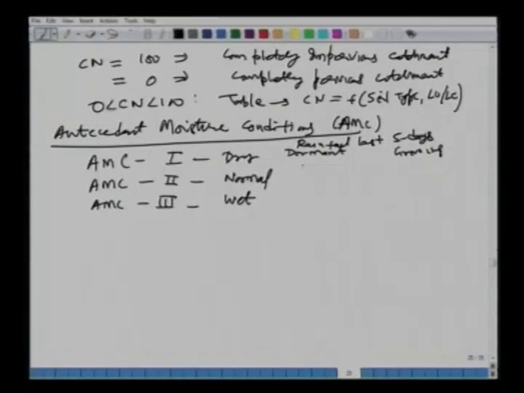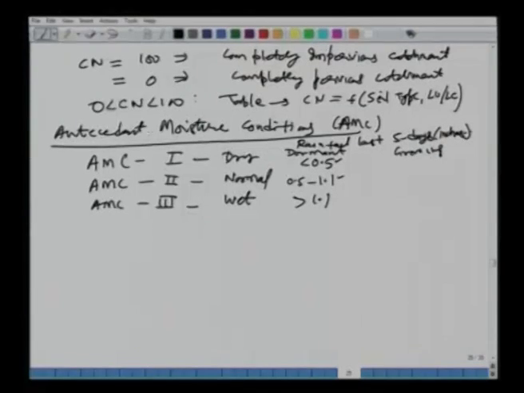So, for the dry, I will just throw these numbers at you: it is less than 0.5, 0.5 to 1.1, and then more than 1.1. So, in the dormant season, if the last 5 days rainfall is less than 0.5, then you have dry conditions. If it is between these, then you have normal, and if it is more than 1.1, then it is wet. By the way, all these things are in inches.